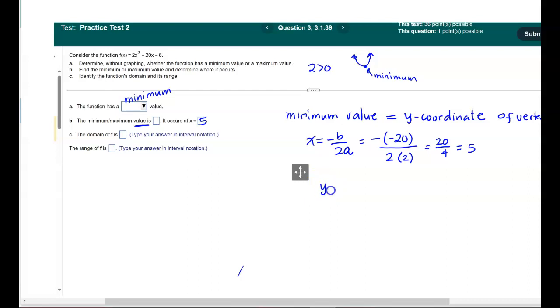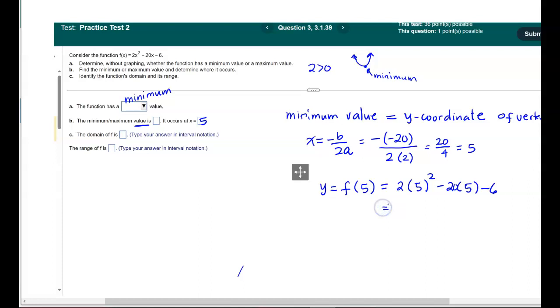And the value will be the y-coordinate. To get the y-coordinate, you just evaluate your function at the x-coordinate, in this case at x equals 5. So you plug in 5 to the given function: 2 times 5 squared minus 20 times 5 minus 6.